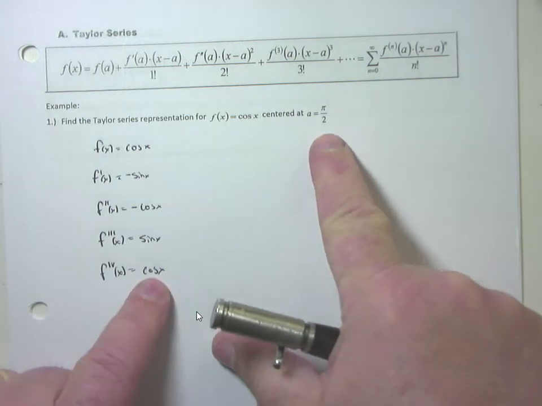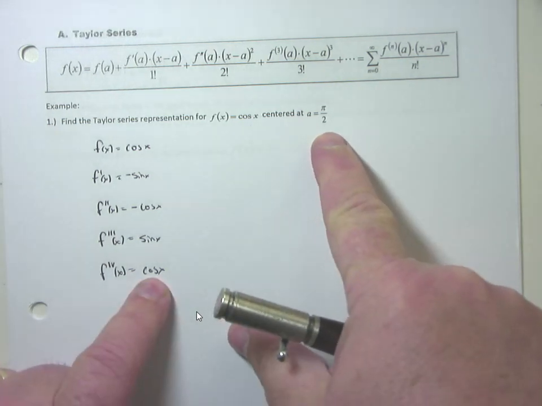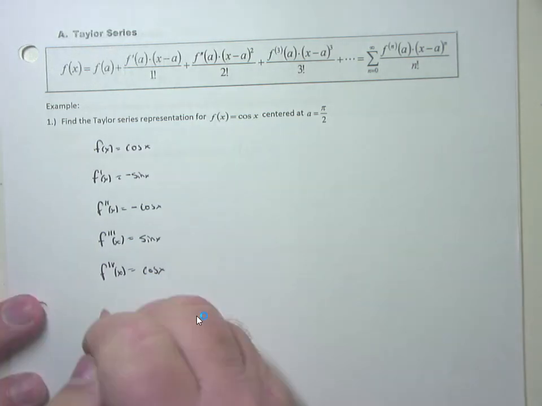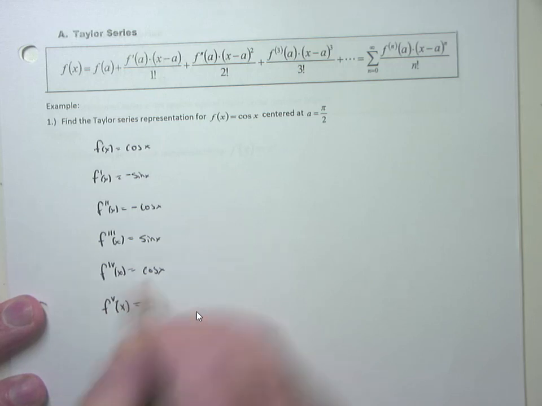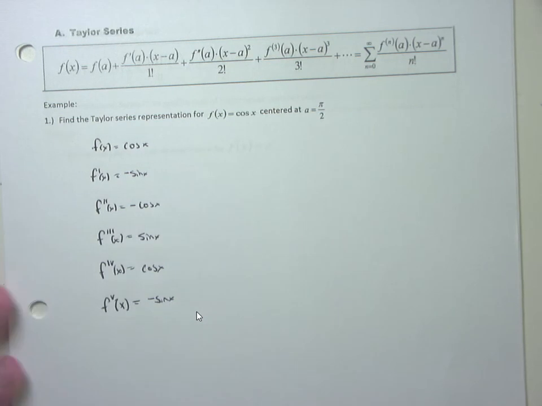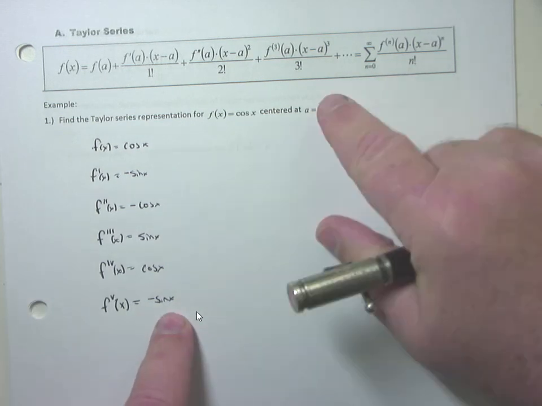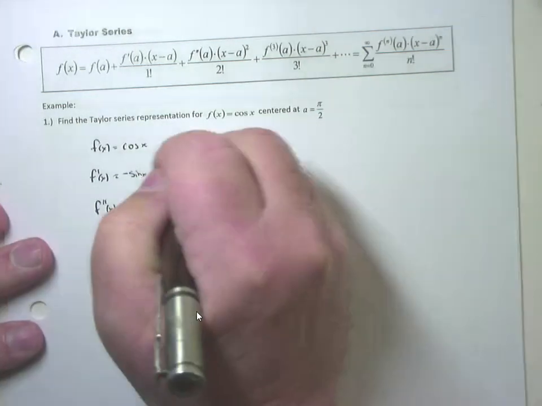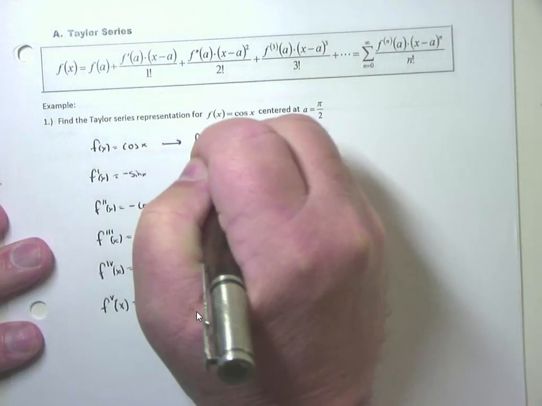And if you'll notice, the cosine of pi halves is 0, and never stop on a 0. So keep writing down and taking more derivatives until you don't have a 0 term for your derivative. So your fifth derivative, derivative of cosine of x, is back to negative sine of x. And sine of x at pi halves is actually 1, so this is not going to be a 0 term.